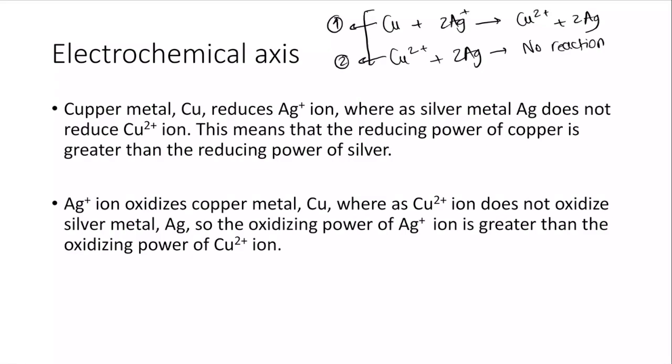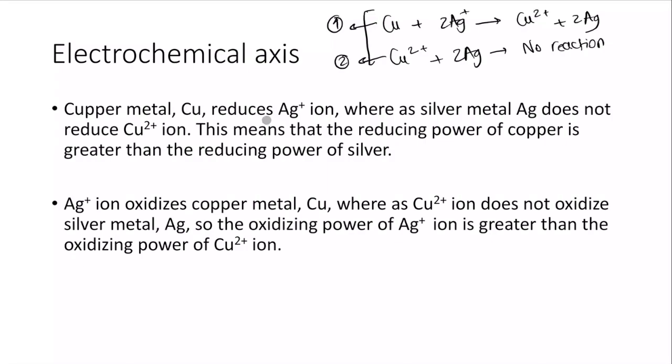Well, it's obviously copper metal reduces Ag+. The copper metal was able to reduce Ag+. Remember, look at the first reaction. Copper was able to reduce Ag+. When we say reduce, it was able to oblige Ag+ to undergo reduction.